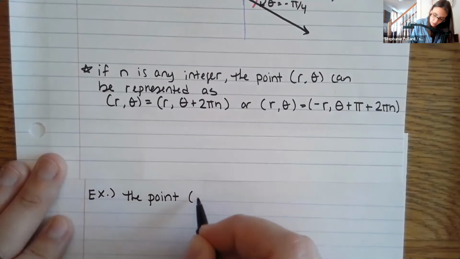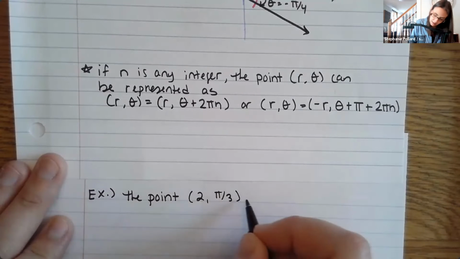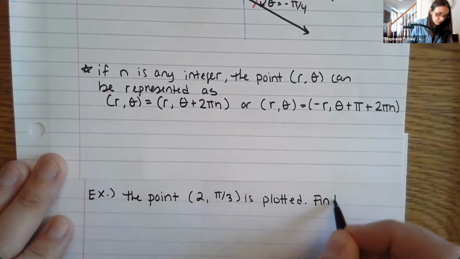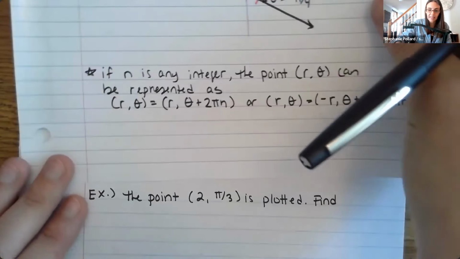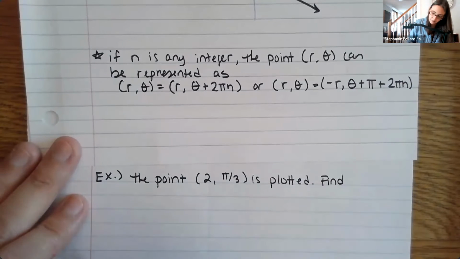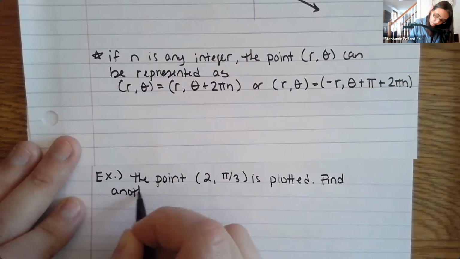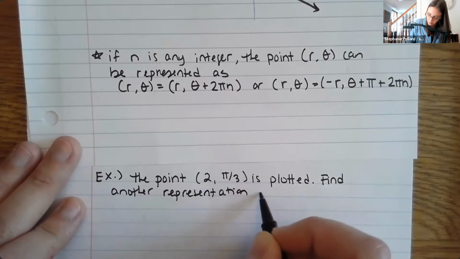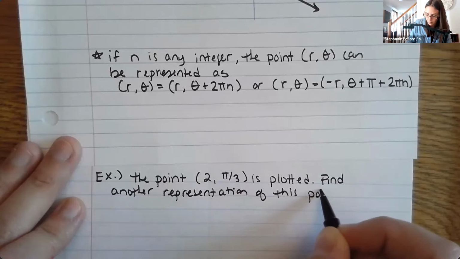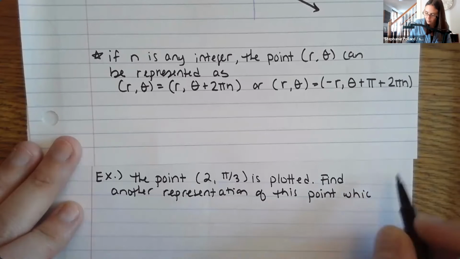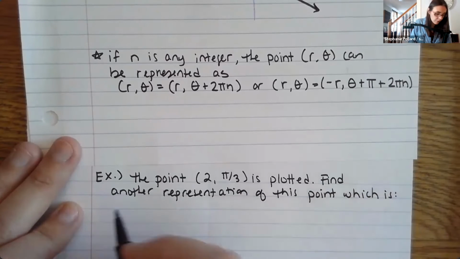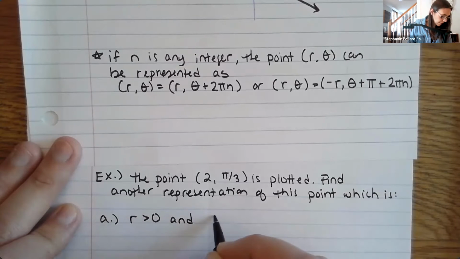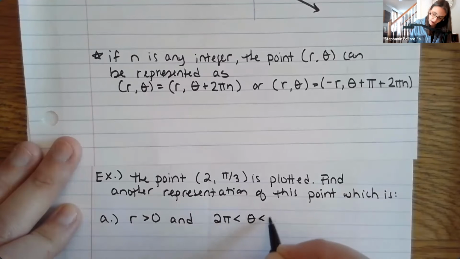The point (2, π/3) is plotted. I'm going to draw the picture for you in a second. And what we're going to do is find other representations of it. So in the first case, we're going to let r be positive and theta be between 2 pi and 4 pi.